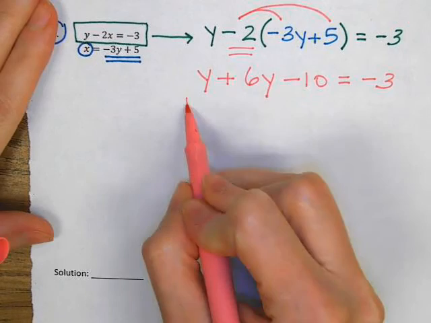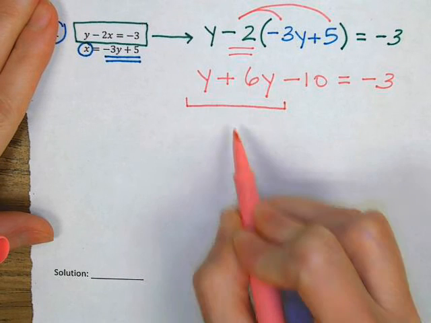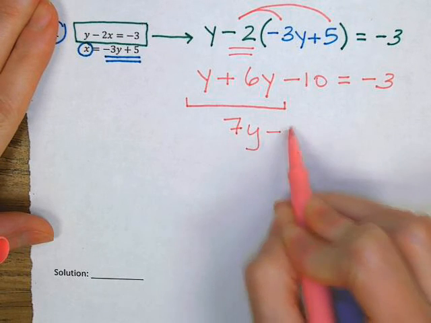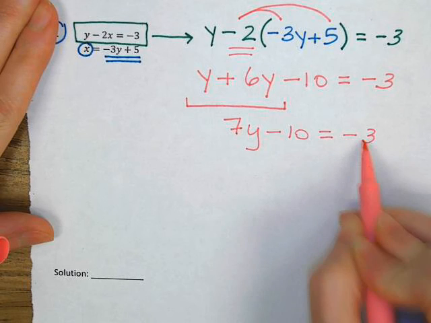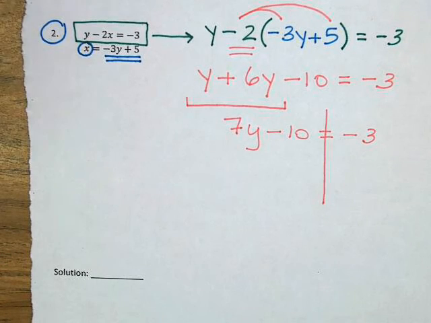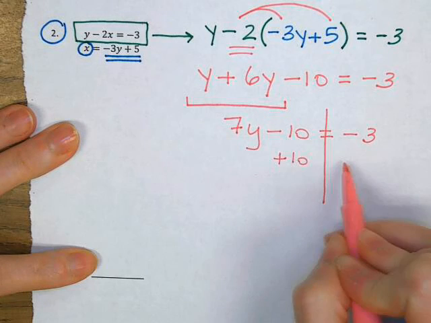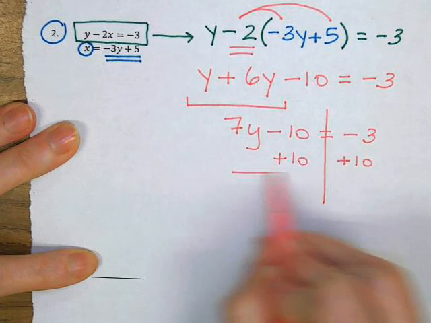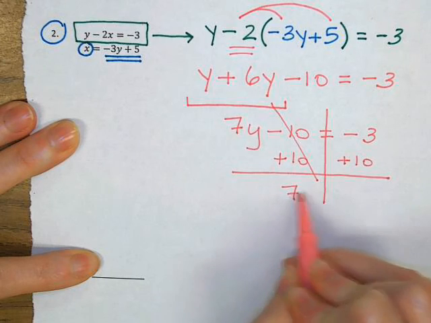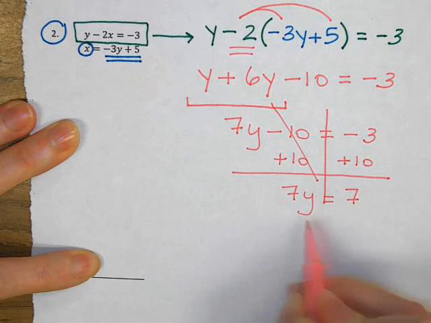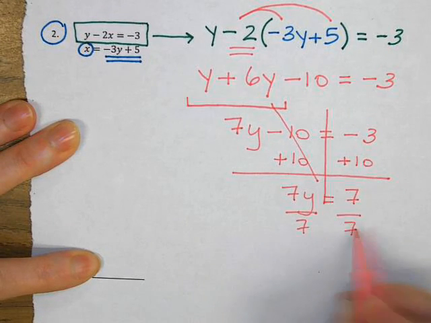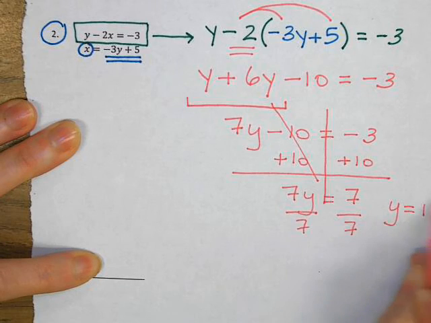So we're going to add like terms. 1y plus 6y is 7y minus 10 equals negative 3. And then we're going to draw the wall and solve for y. So add 10, and you guys know how to do that. These cancel. You get 7y equals 7. Divide by 7, divide by 7. It looks like y is 1.